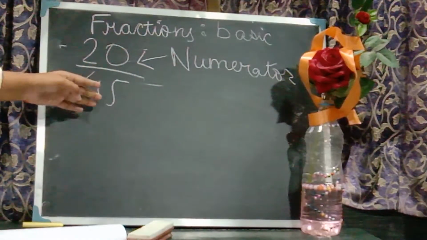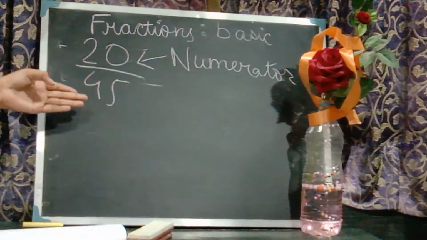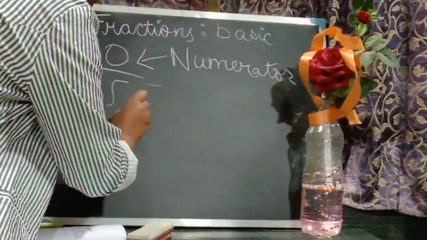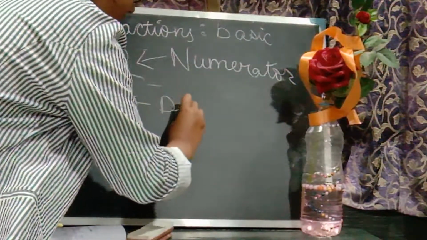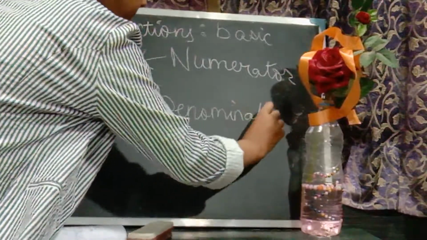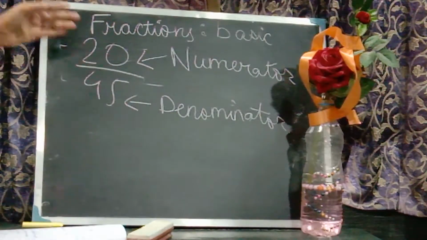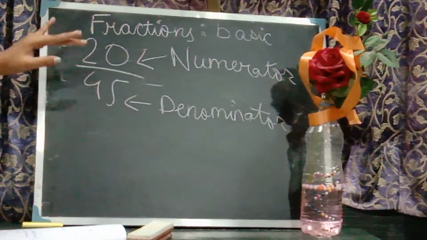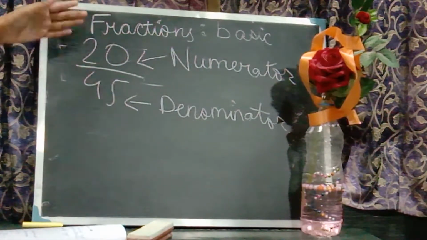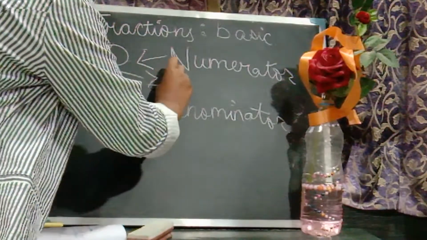The below part, that is 45, which can be another number just like 20, is called the denominator. And the line between the numerator and the denominator, that is 20 and 45, is called the division line.